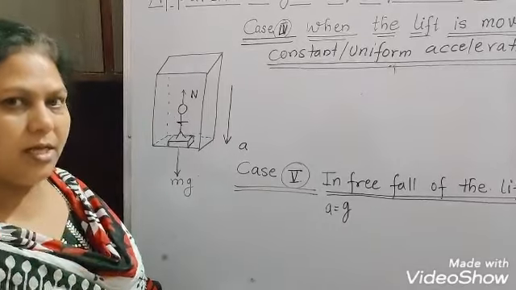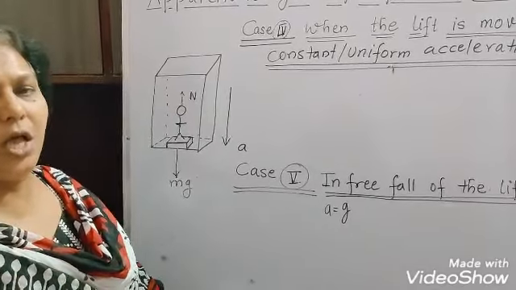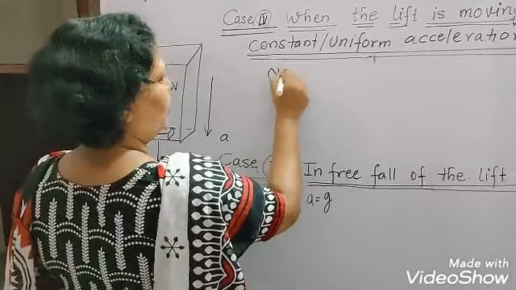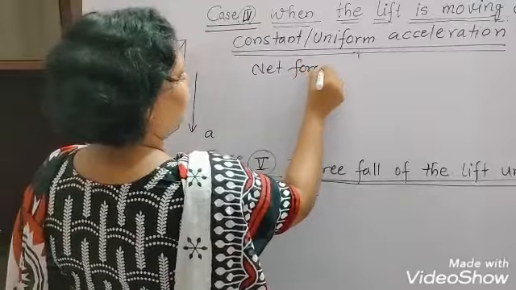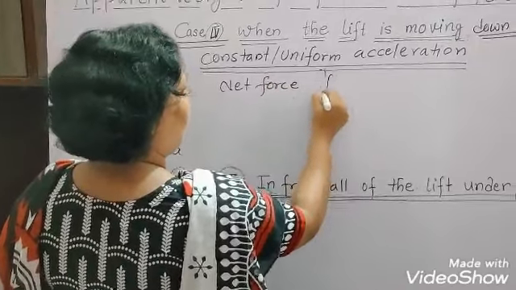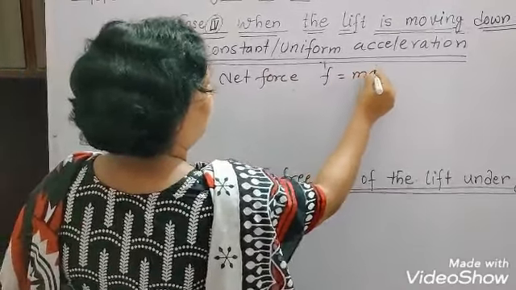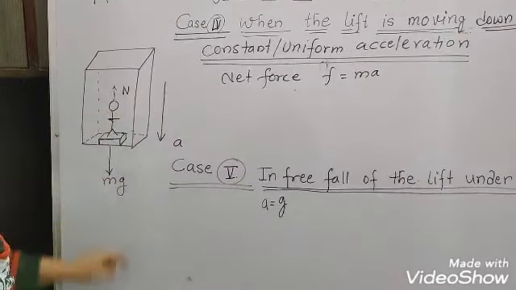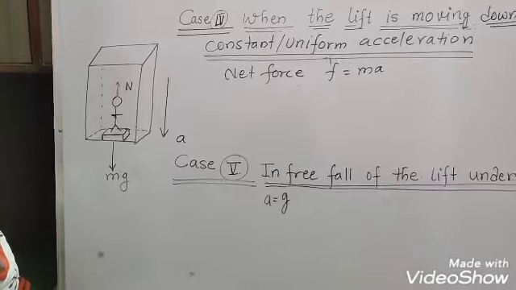Acceleration is there in the downward direction, and so the net force F is equal to mass into acceleration, which will work on this person.